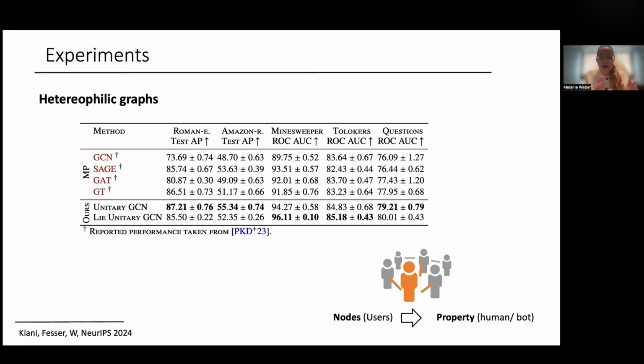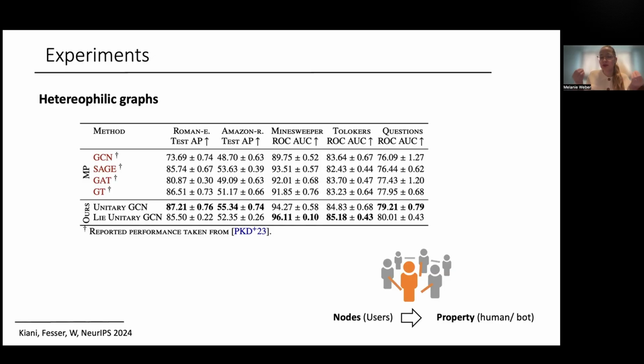And then to show you a second set of experiments, this is a benchmark that focuses on heterophilic graphs. Oftentimes in graph learning tasks, it's the case that the similarity structure in the attributes and the adjacency is pretty well aligned.